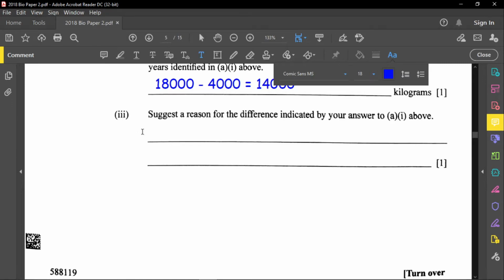Yes, because of overfishing in previous years, isn't it? So there could be a decline in the population of the Nassau grouper. All right, so that could be an answer right there.